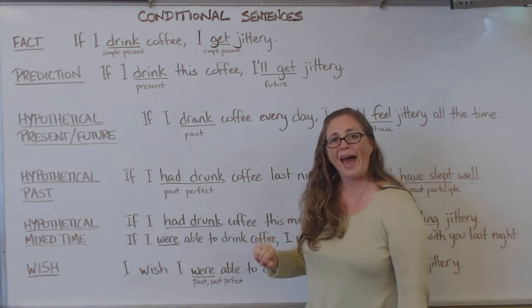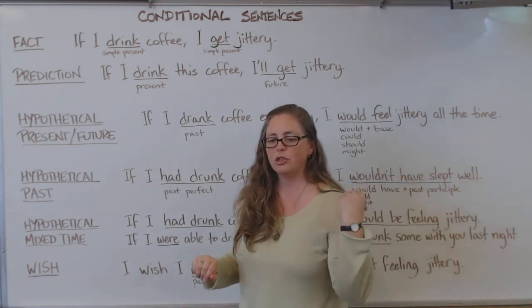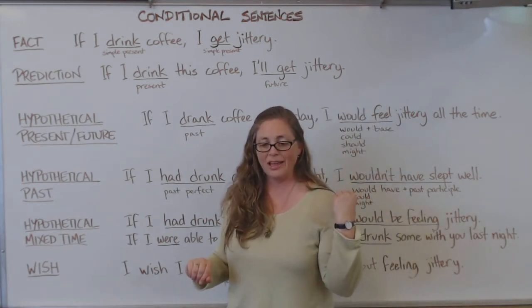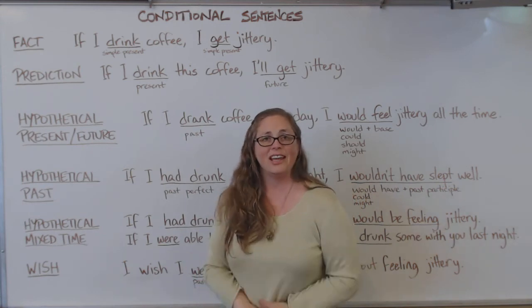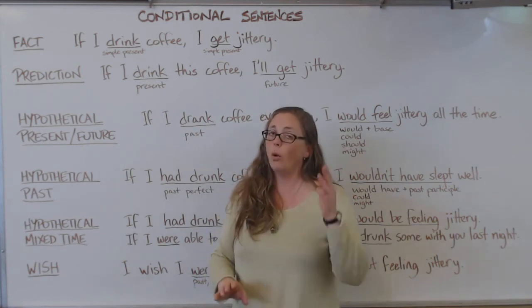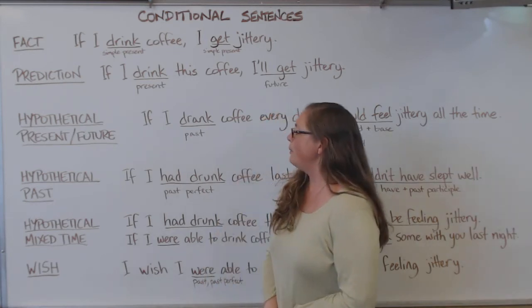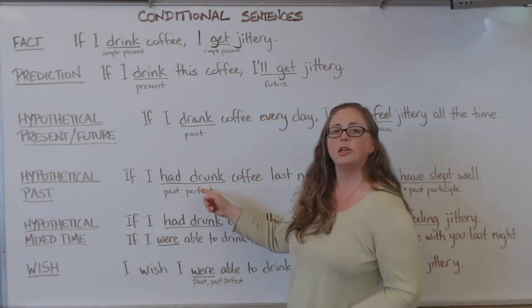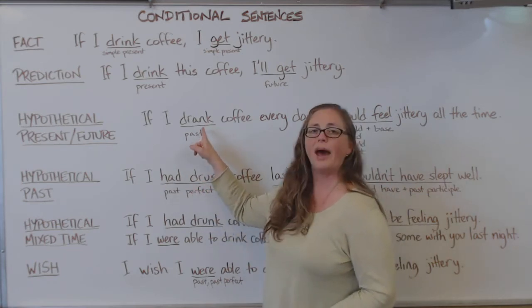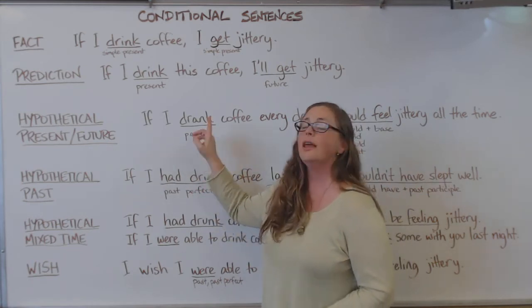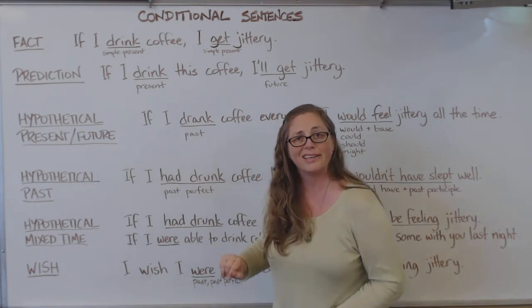How about the past? If you're thinking about a situation in the past that didn't happen, again, only imagined, only speculation. Hypothetical past. What are you going to do? We can't use the simple past because the simple past is the idea of the present.